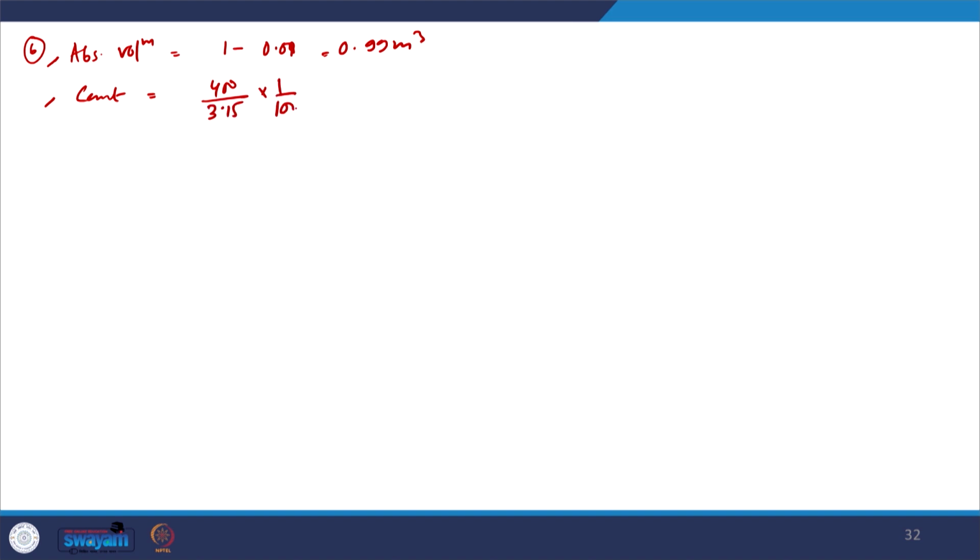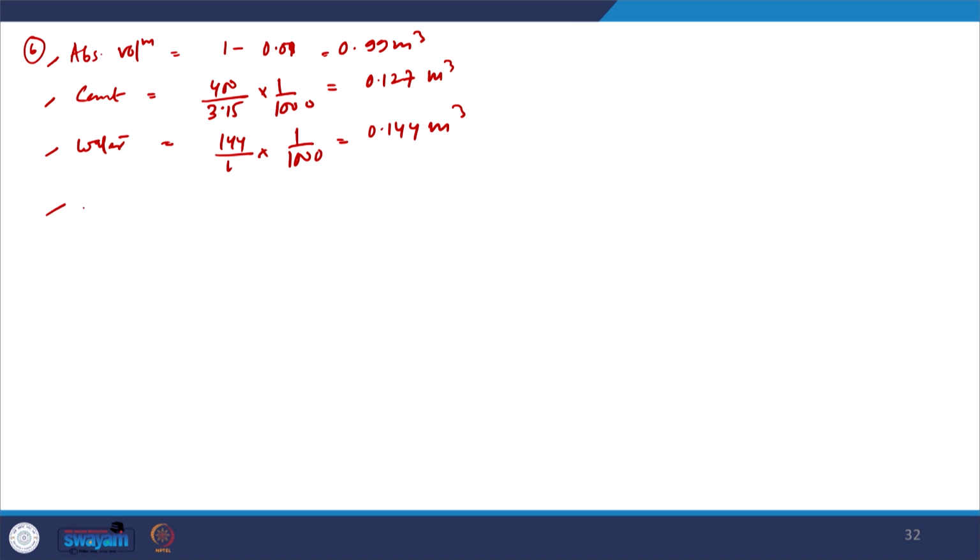So, we can calculate the volume which will be equal to 0.127. Then similarly, we can calculate the volume of water, weight of water was given, specific gravity we know, this becomes equal to 0.144 meter cube.